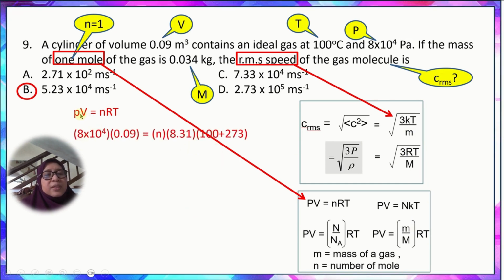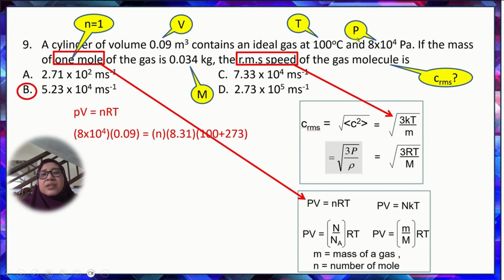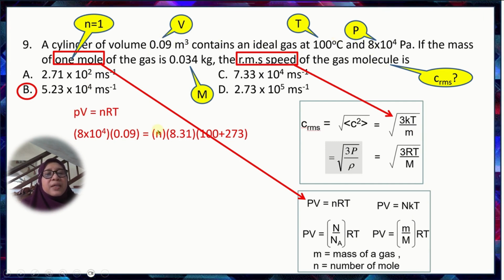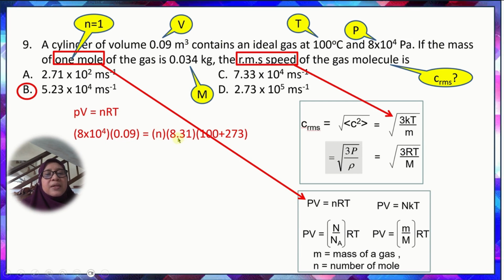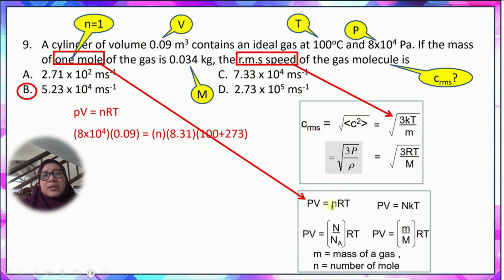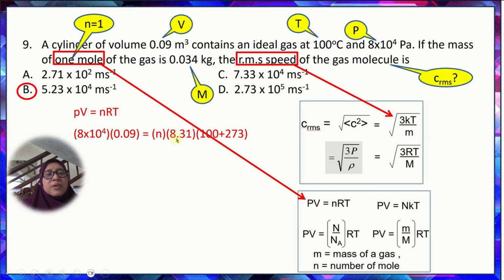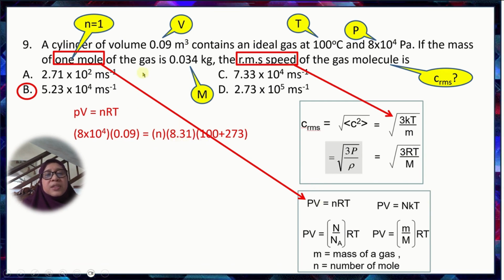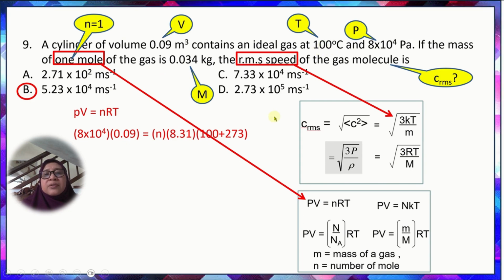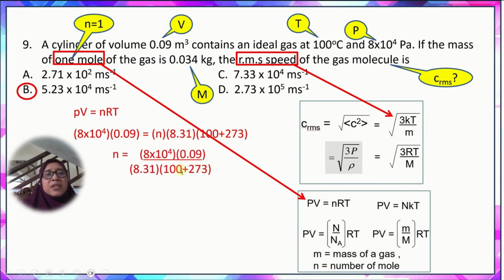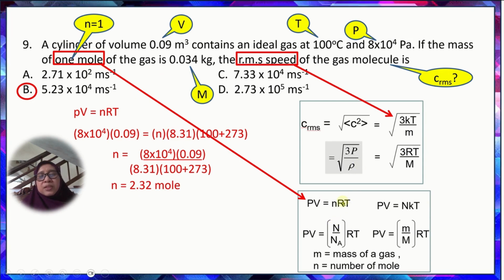So we substitute the pressure given and the volume given. If we use this equation, this n is not 1 mole. The temperature is 100 degrees Celsius, converted to Kelvin. So it's not 1 mole, it's 2.32 mole. But we don't need to use this equation actually.